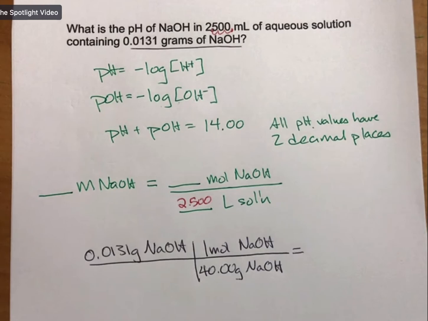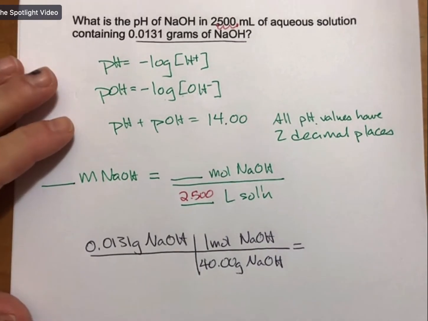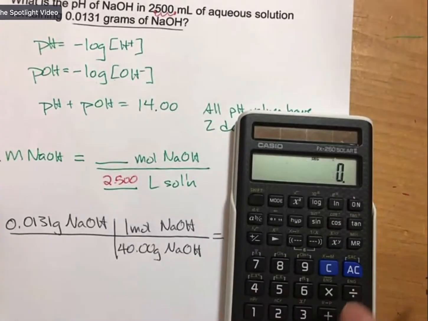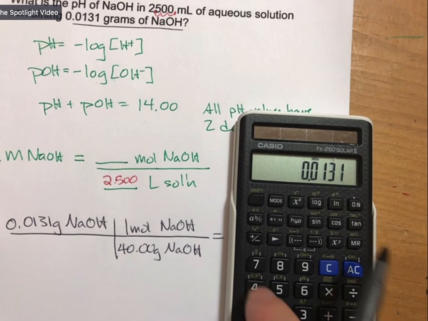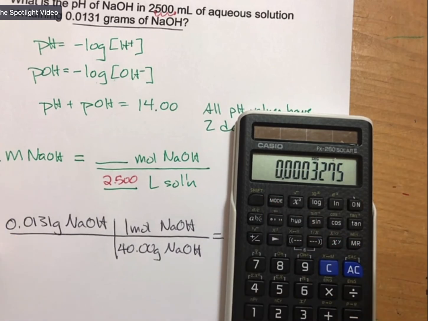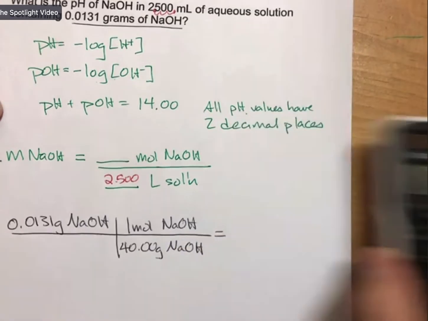Same old molar mass trick we've been doing for 6 weeks now. And let's figure this out. 0.0131 divided by 40 is 0.000328.